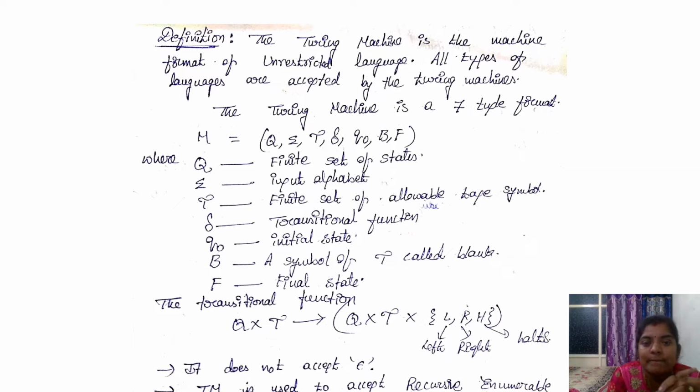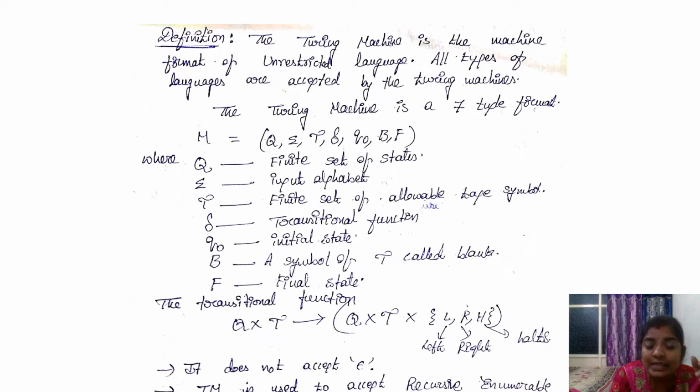So how can we design that particular Turing machine? The basic definition of the Turing machine in formal languages and automata theory is that it is the machine format of unrestricted languages.